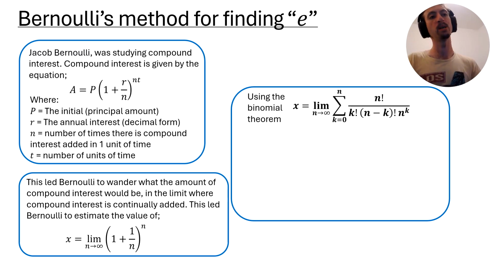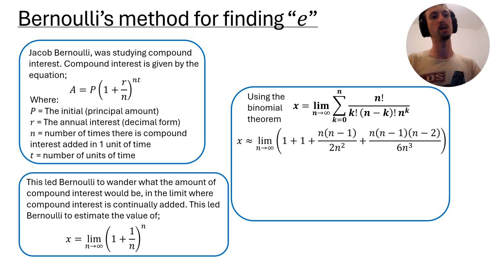Because n is getting quite big, and therefore 1 over n is going to get much less than 1 as n approaches infinity, this series should converge, so we'll only need the first few terms to get an approximate value for our Euler constant e, which here has the symbol x. So let's consider the first few terms of this sum. So here I wrote the first 4 terms.